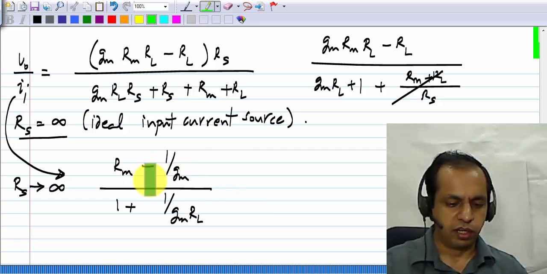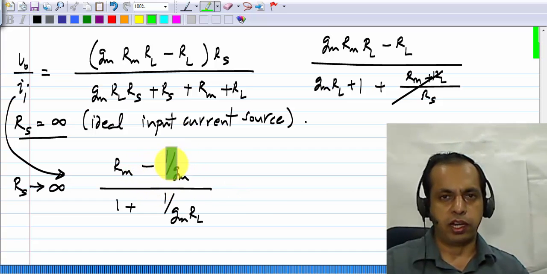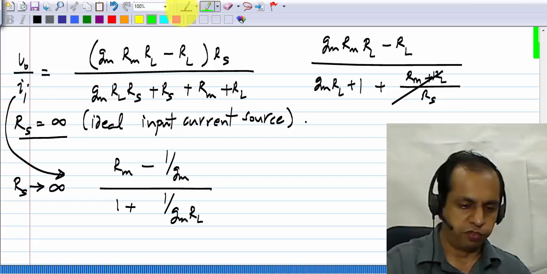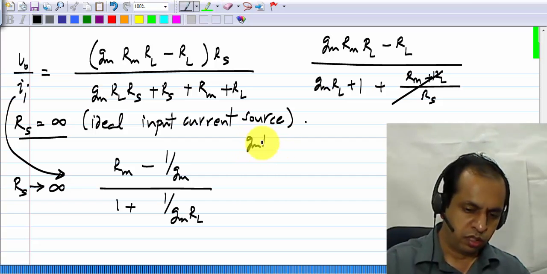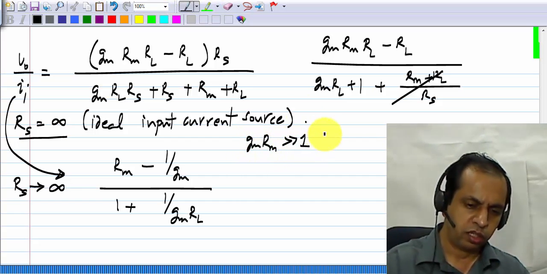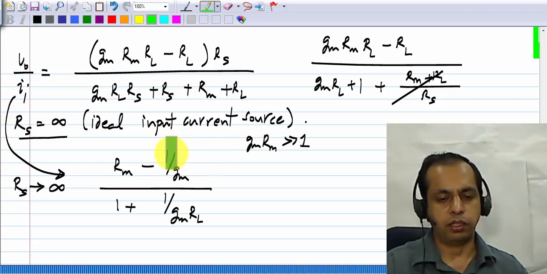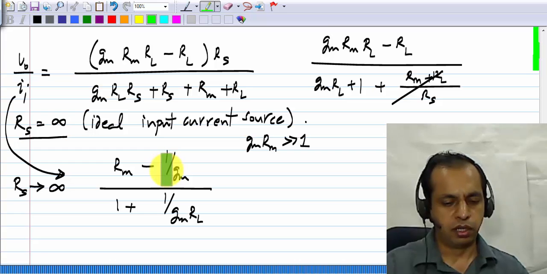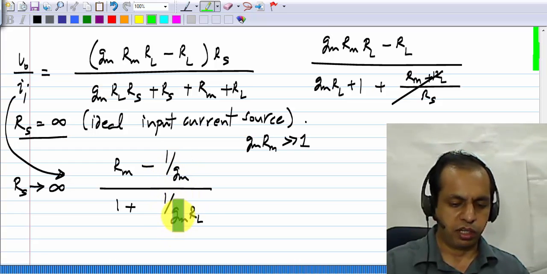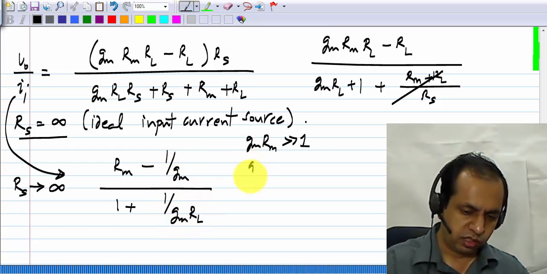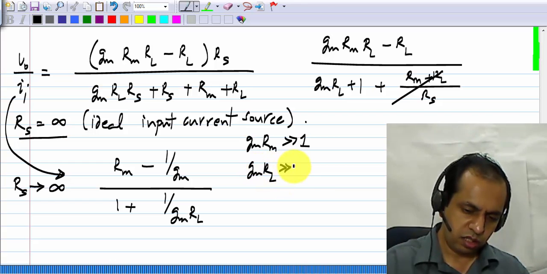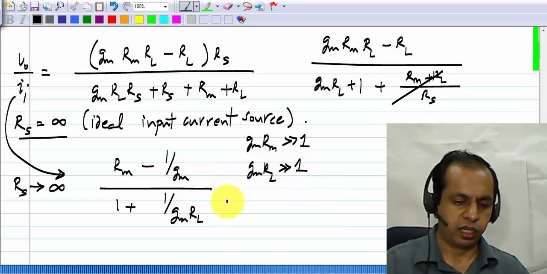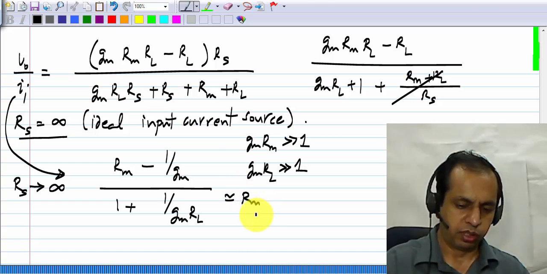Now what is this saying? If Gm is very large, that is basically if Gm Rm is much more than 1, then this term in the numerator will be much smaller than this and can be neglected. And similarly, if Gm RL is much more than 1, then this entire thing approximates to Rm.